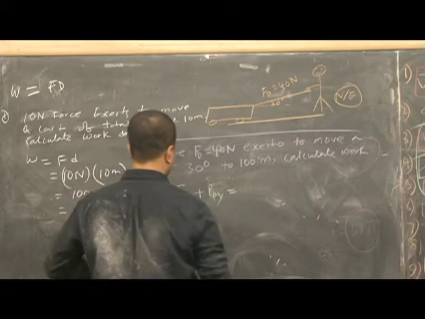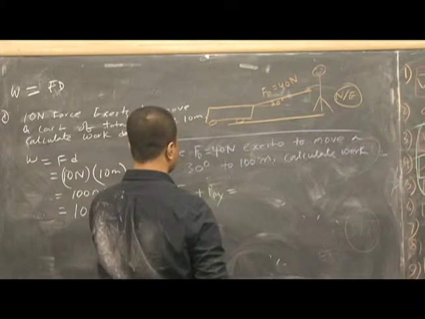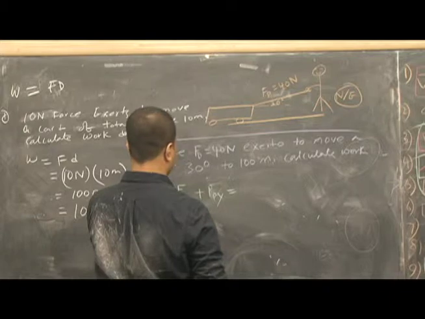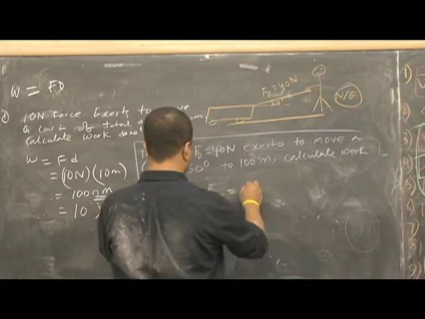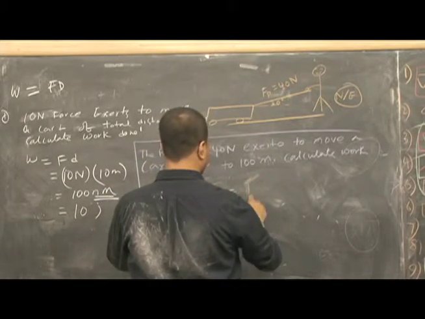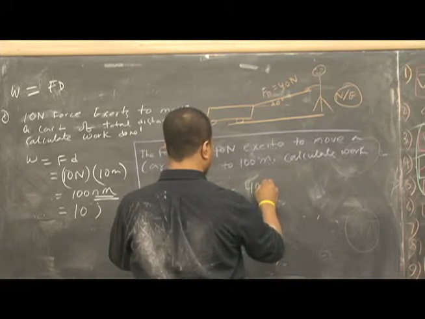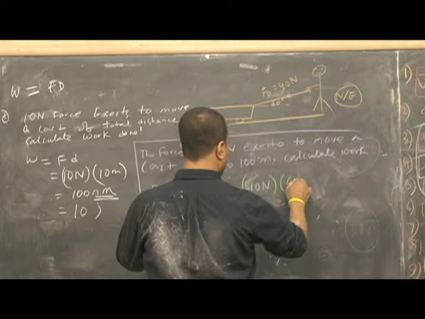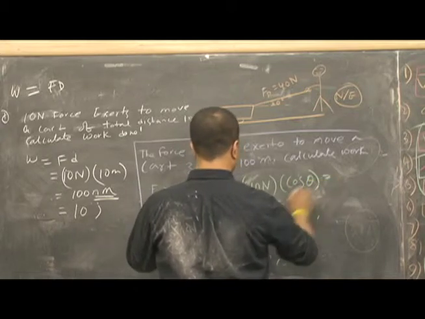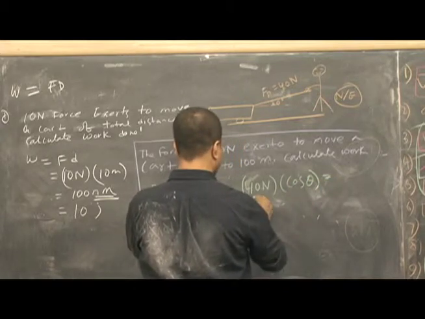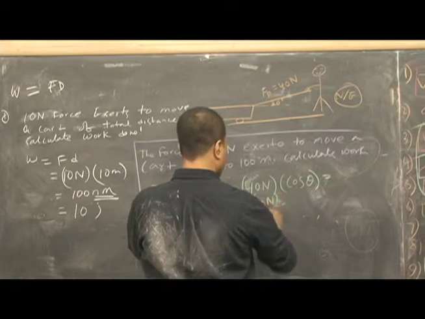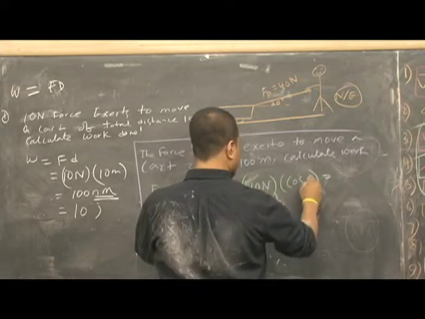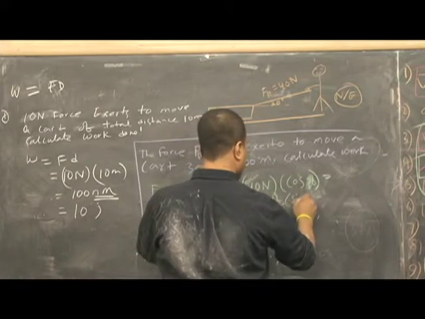So the Fpx is force 40 Newton times cosine 30 degree, and Fpy is 40 Newton times sine 30 degree.